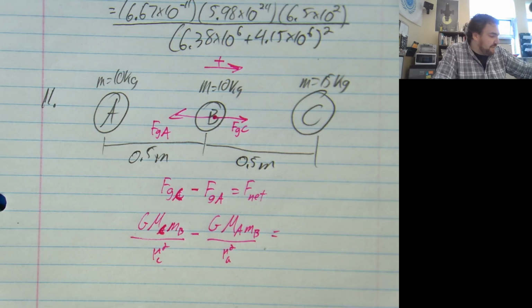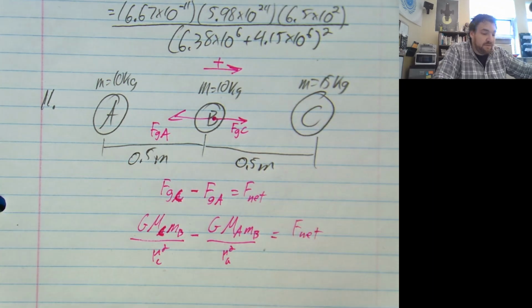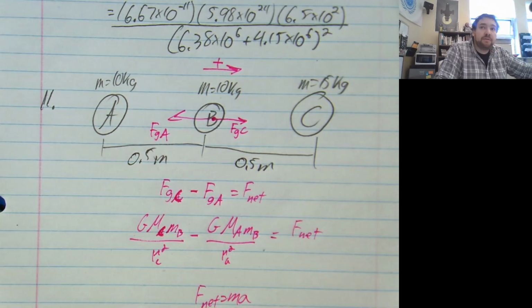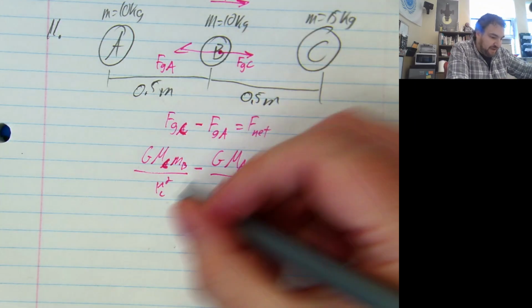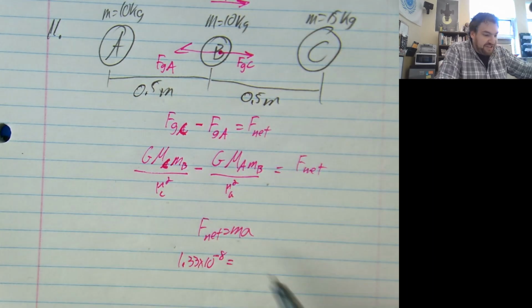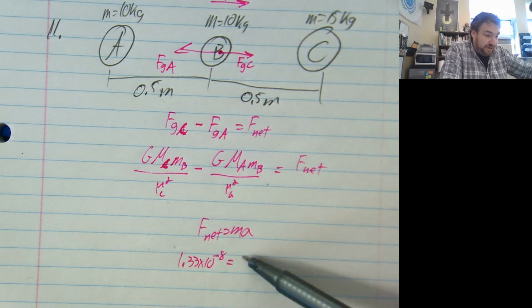Okay. And then to find the acceleration of object B, this is going to be F net. So that's what the question is asking for. The part that I added was, what's the acceleration of object B? Well, F net equals ma. So you're going to get this value, 1.33 times 10 to the negative 8. We want the acceleration of object B, so that's going to be the mass that goes in here.